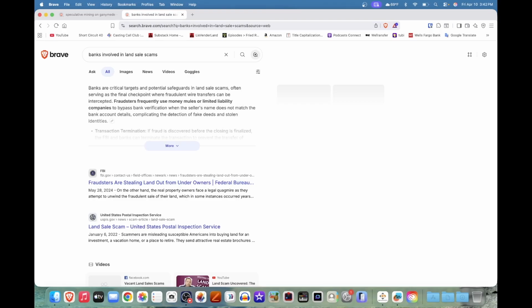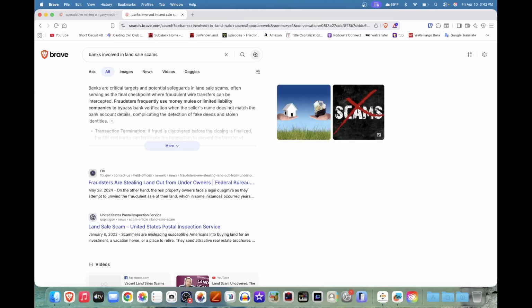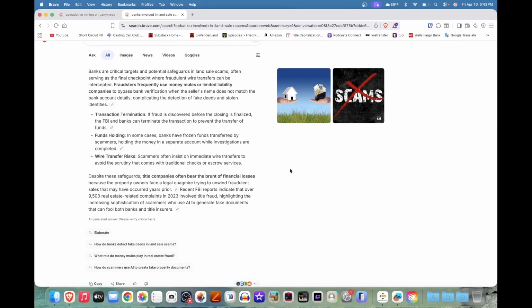Banks are critical targets and potential safeguards in land sale scams, often serving as the final checkpoint where fraudulent wire transfers can be intercepted. Fraudsters frequently use money mules or limited liability companies to bypass bank verification when the seller's name does not match the bank account details, complicating detection of fake deeds and stolen identities. If fraud is discovered before the closing is finalized, the FBI and banks can terminate the transaction to prevent the transfer of funds.